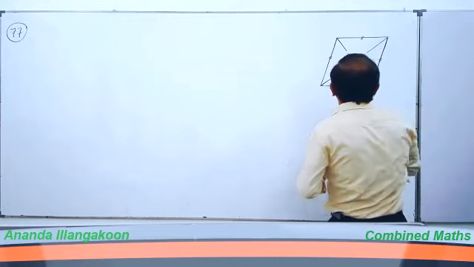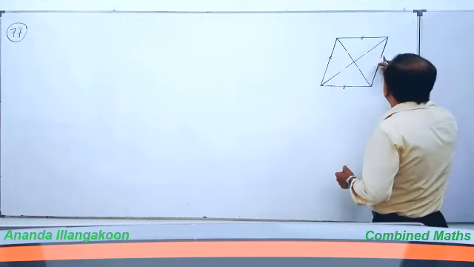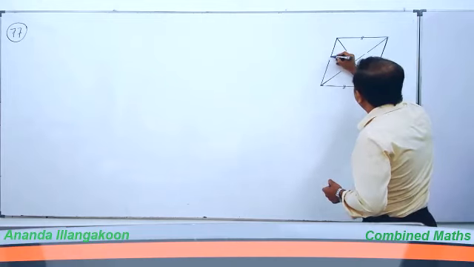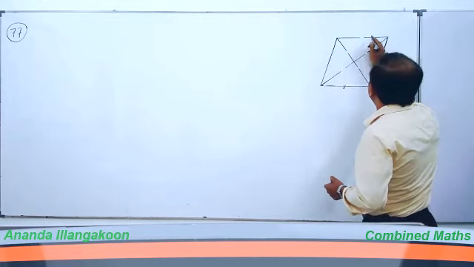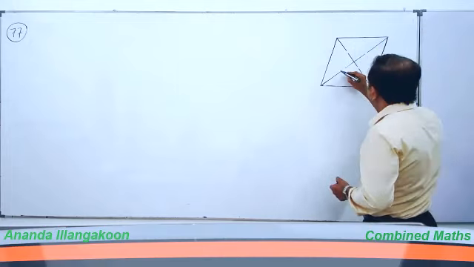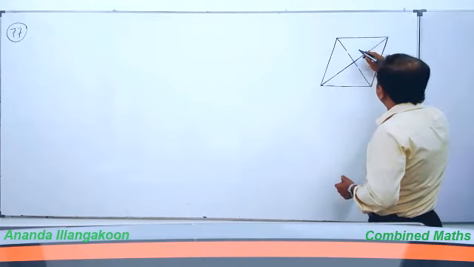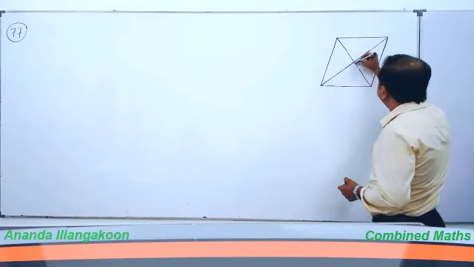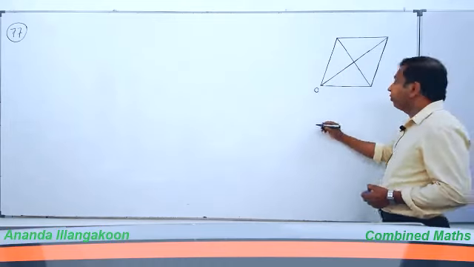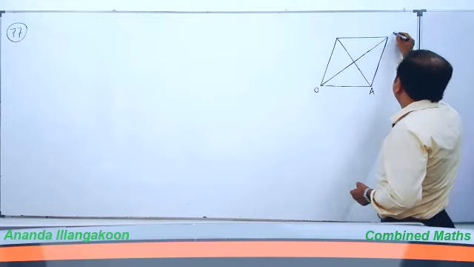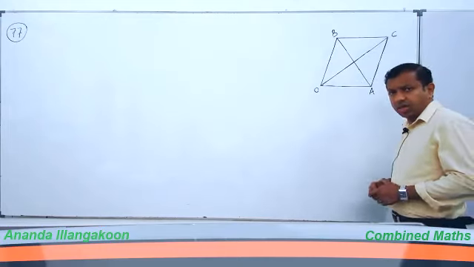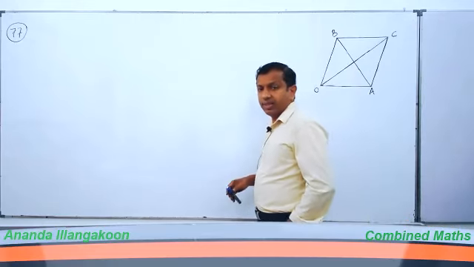I will first draw the rhombus like this. Right. And I take this O as the vector origin. This point is A, this is C, this is B. The rhombus is therefore OACB.